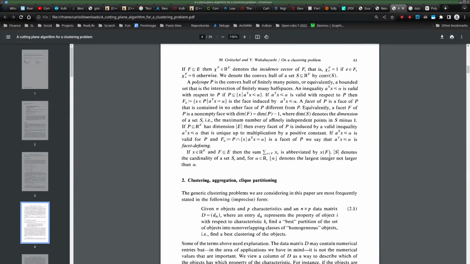The final sentence. S between vertical bars denotes the cardinality of the set S. Means the number of elements in it.